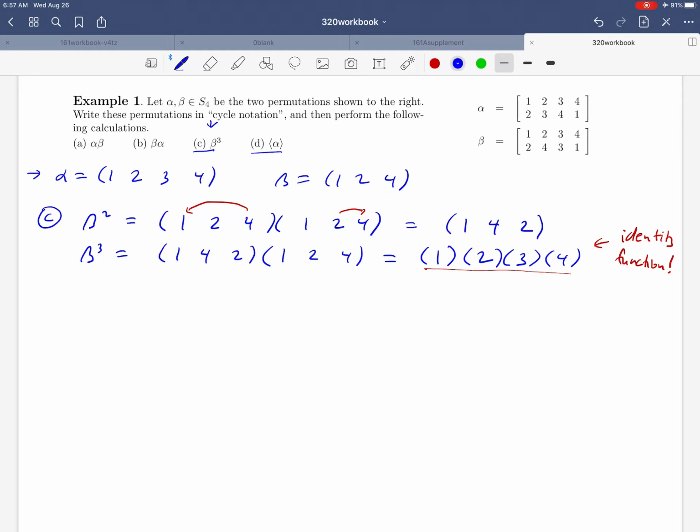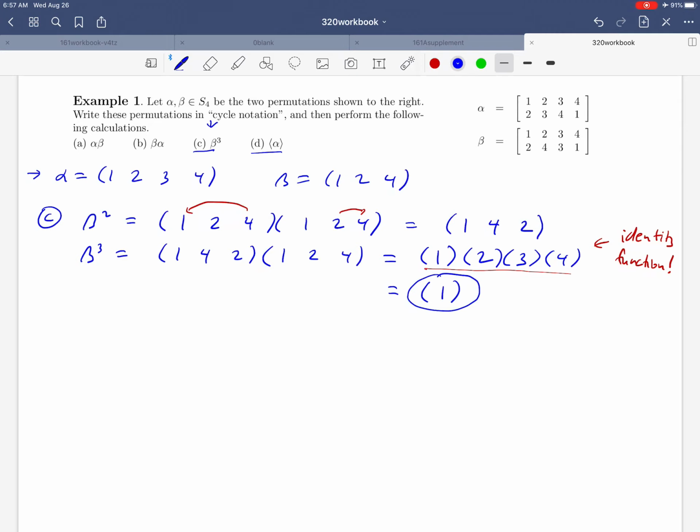So generally, if everything maps to itself, you just pick one number, usually 1, and write that. That communicates the fact that 1 maps to itself, and the absence of the other 3 numbers, 2, 3, and 4, tells us that those 3 numbers also map to themselves. So there's the identity permutation. That's the result of our calculation.